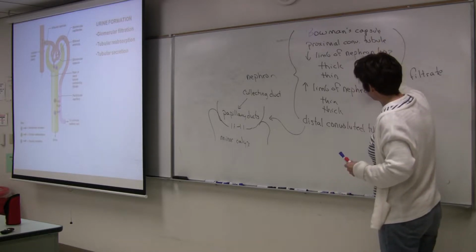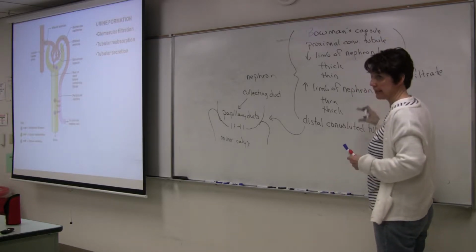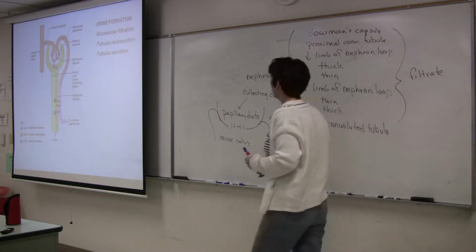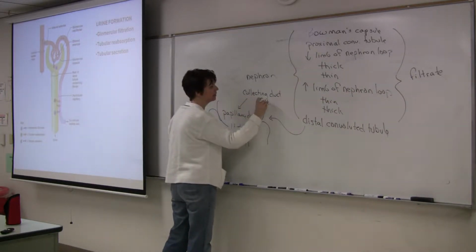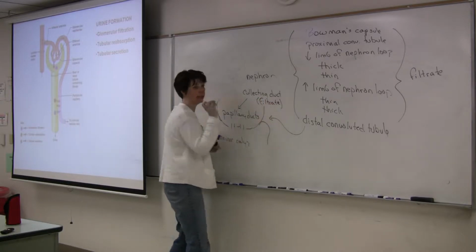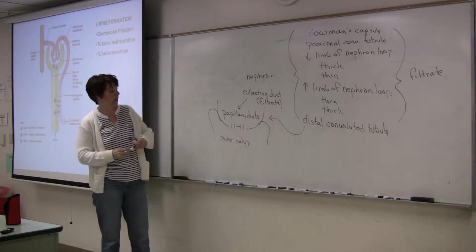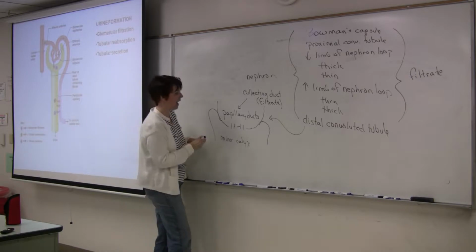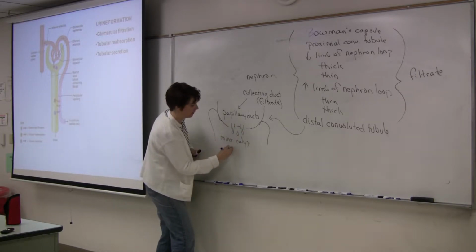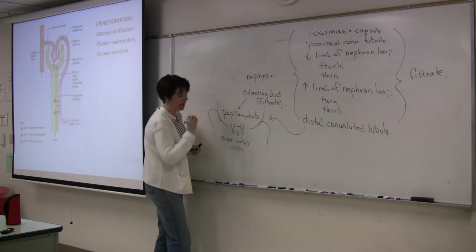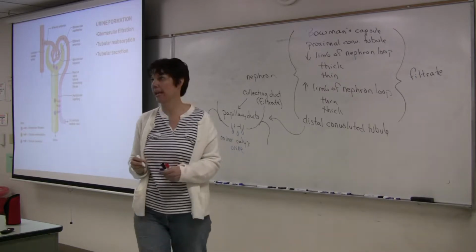And all the modifications that occur through the nephron, it's still filtrate. All the modifications that occur in the collecting duct, it's still filtrate. And we don't change it to urine until it actually drips into the minor calyx. Okay?